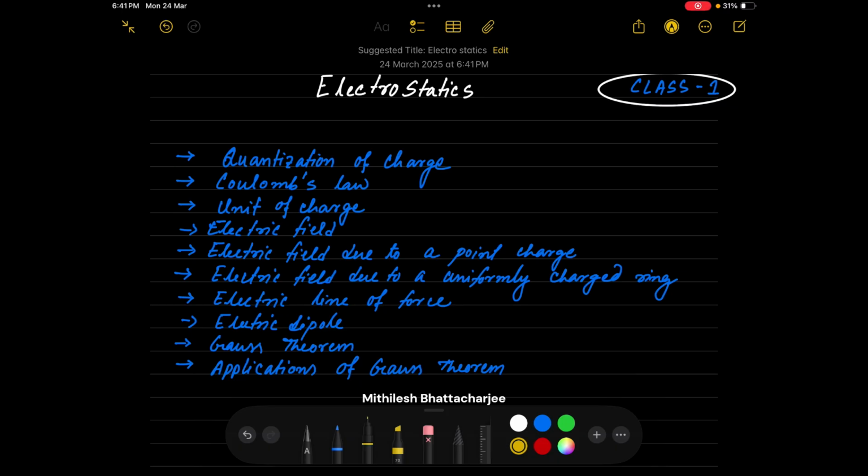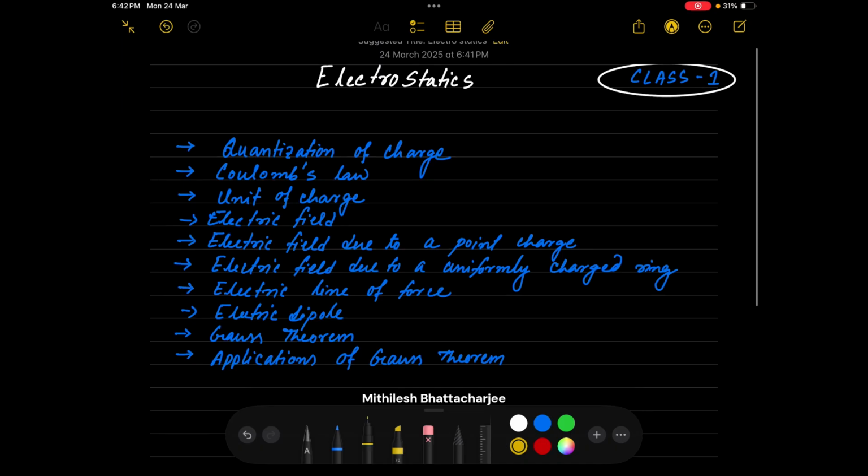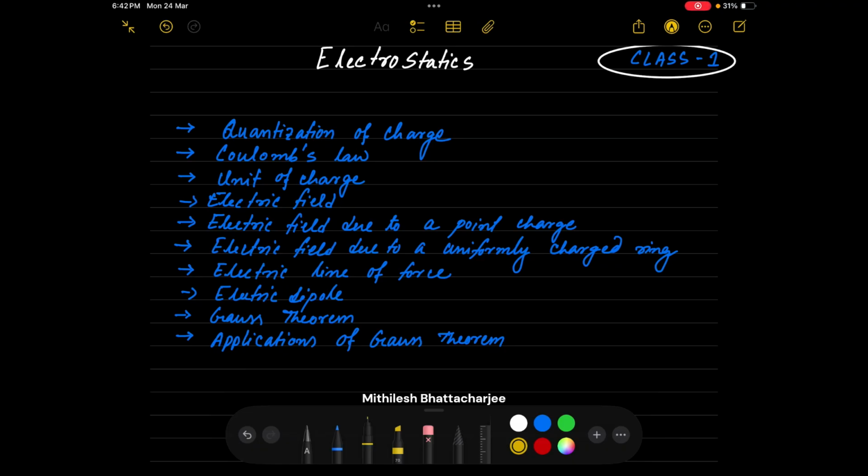So today we'll start the new module, which is electrostatics. In this chapter, we'll see the quantization of charge. Then we'll see Coulomb's law, by which we'll derive the unit of charge.